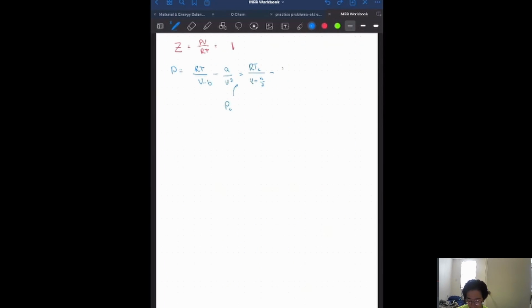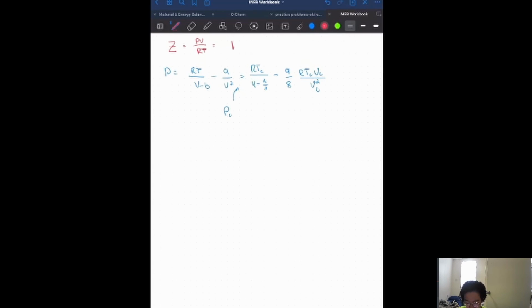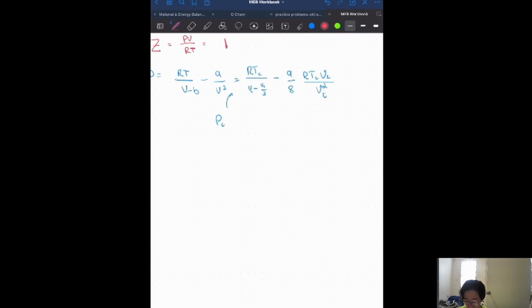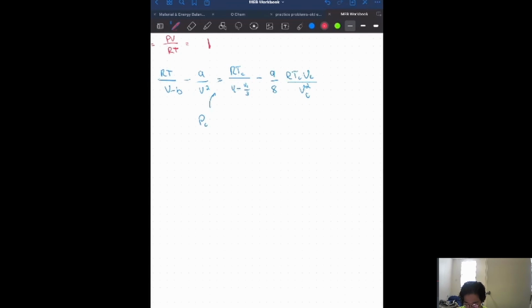So we'll put the constant outside. 9/8 RTC VC all over V squared. And you can immediately see that some things are going to cancel out. Okay? So let's see. Right here, VC and this squared cancels out.